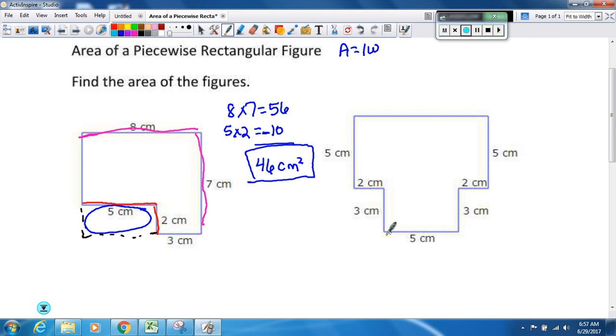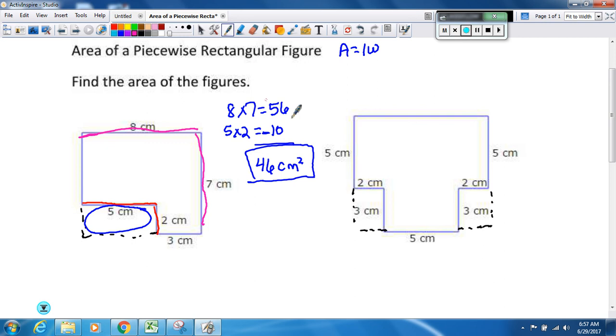Now this next one's kind of tricky because if you look at the entire shape, the rectangle, you have 2 holes. And they don't write out the length and the width for this entire rectangle. So here's what you have to do.